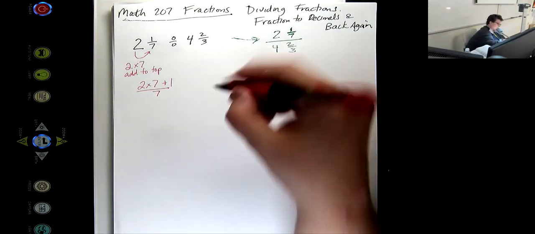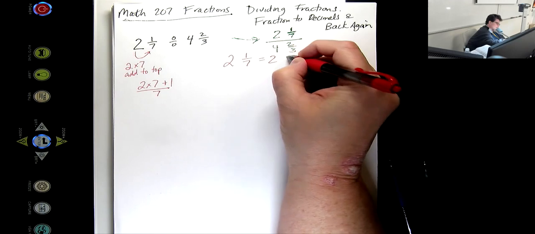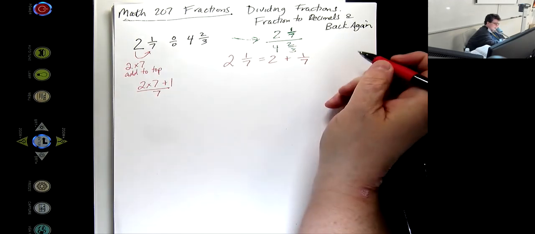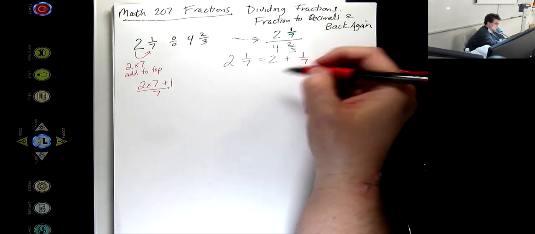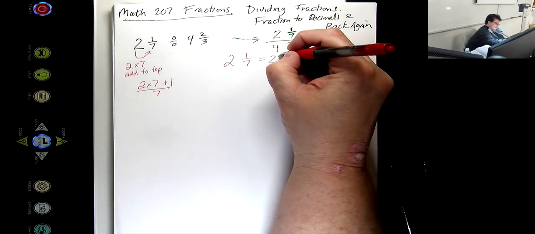Where this stems from is that 2 1/7 is really 2 plus 1/7. And we talked about adding fractions together. I need to get a common denominator, and a common denominator would be 7.